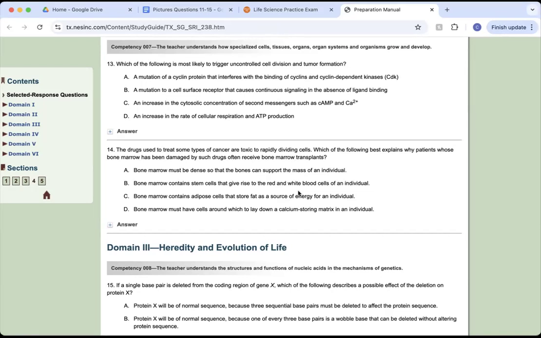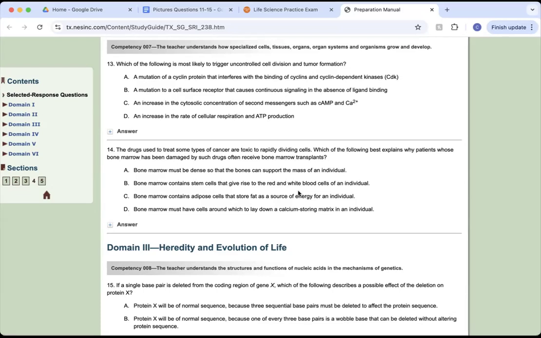C is also incorrect because cAMP and calcium are ubiquitous second messengers. So increasing their concentrations is likely to cause metabolic problems for a cell, and it'll cause it to die. So again, not increasing, it's going to decrease because it dies. If we up these two, then again, we're going to stop dividing, not divide too much.